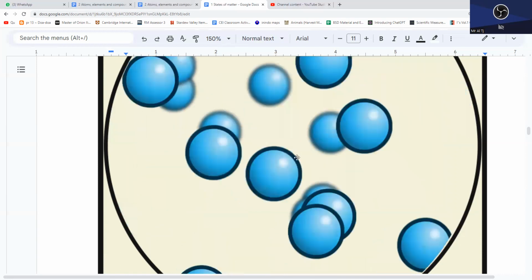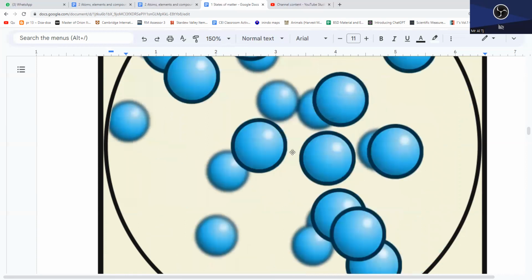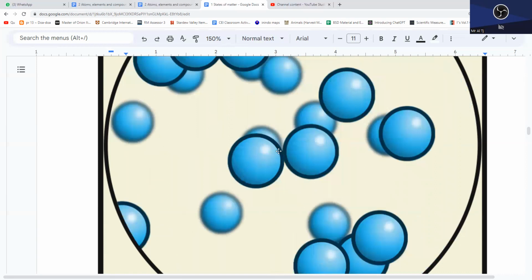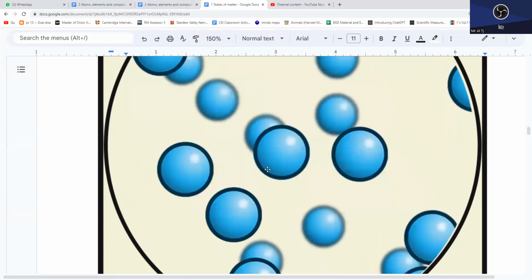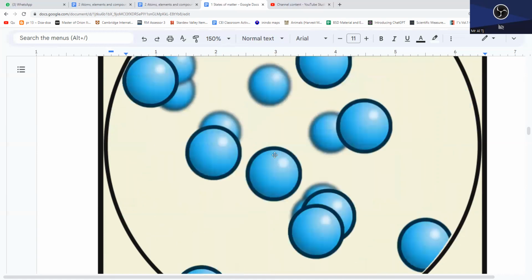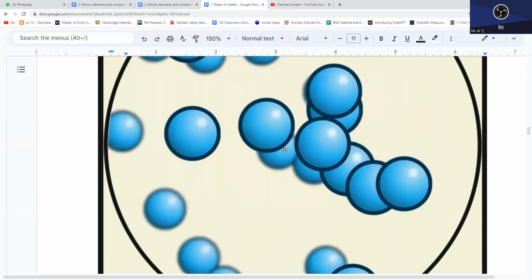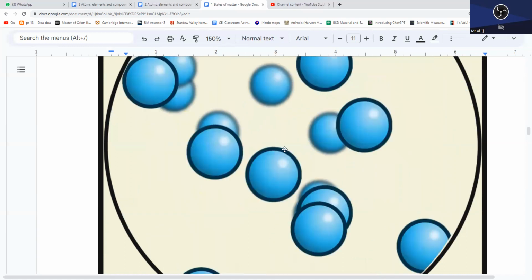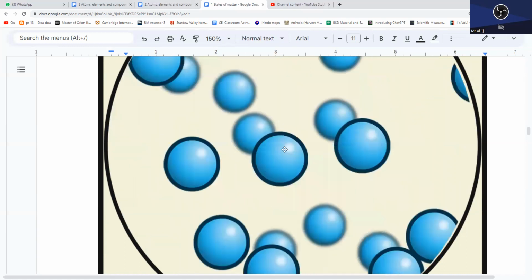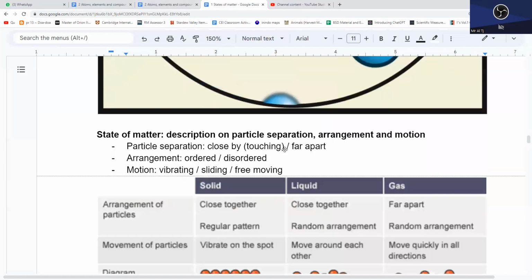The distance between particles in reality is many times the diameter of the particle itself, in the thousands and even millions of times. Hence, the gas quickly fills any available space.